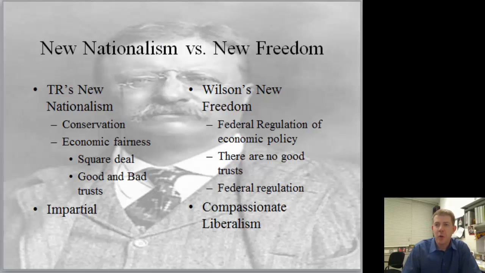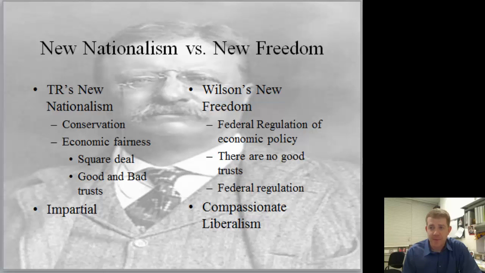Here is really what was up against each other in that election: the two different versions of progressivism, the mainstream Democratic Party's progressivism and the mainstream Republican Party's progressivism. So you have Teddy Roosevelt's New Nationalism. He believed in conservation. He believed in reclaiming lands. It encompassed an environmentalist approach to progressivism.